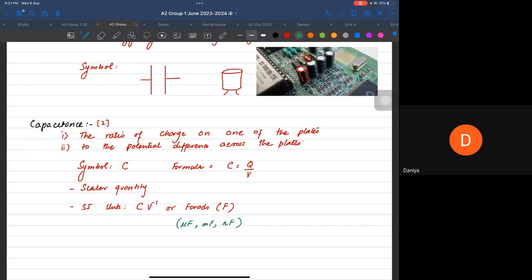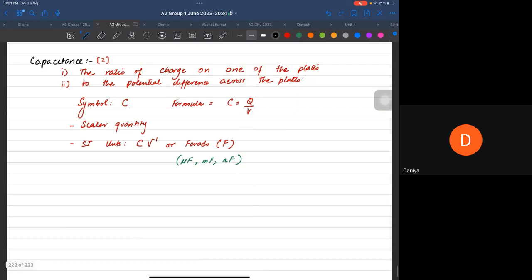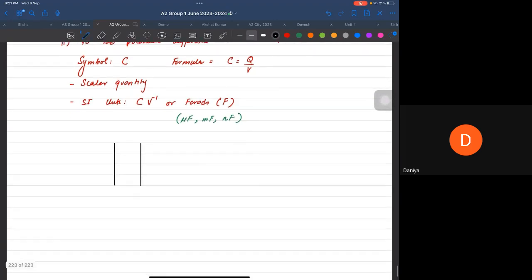Now, what I'm basically talking about is the charge on one of these plates, like he asked me. So I want to know what exactly that means and how a capacitor works. Inside the capacitor, we have two metallic plates like this.